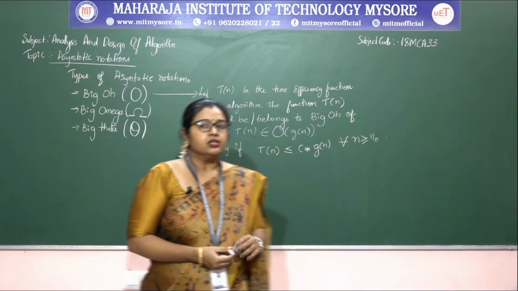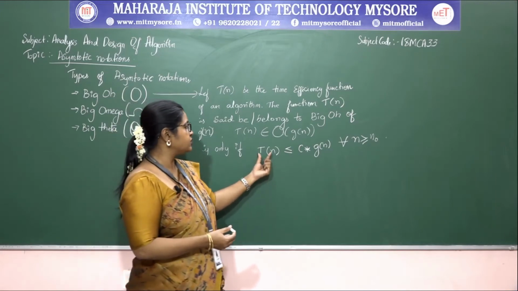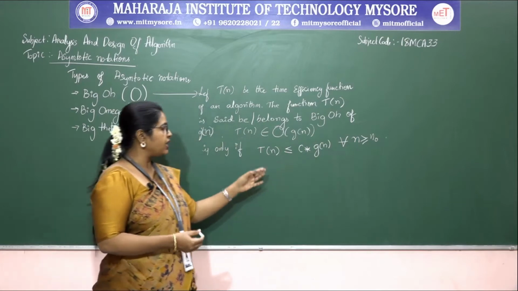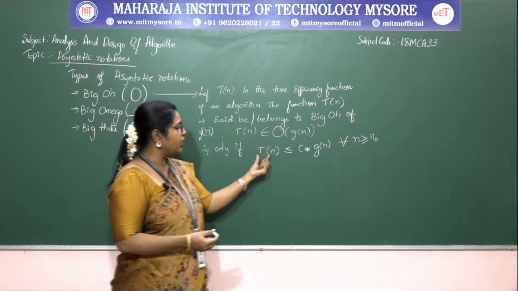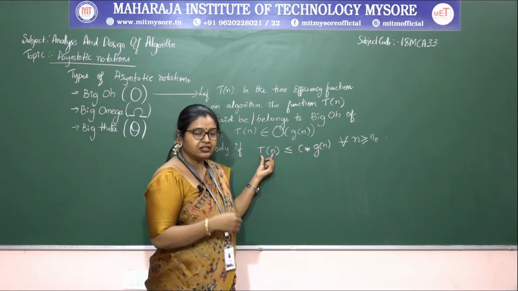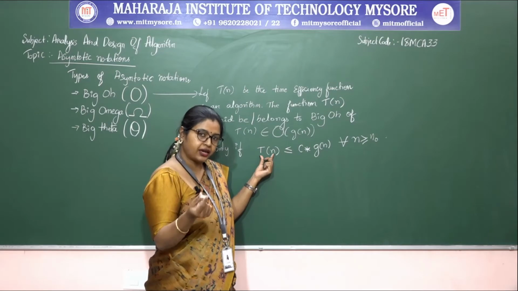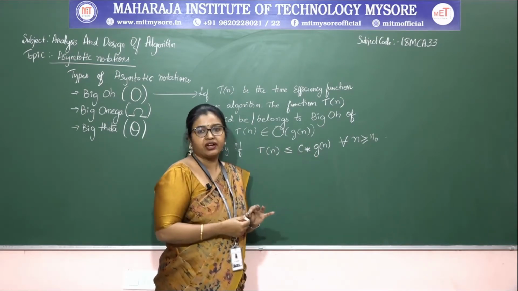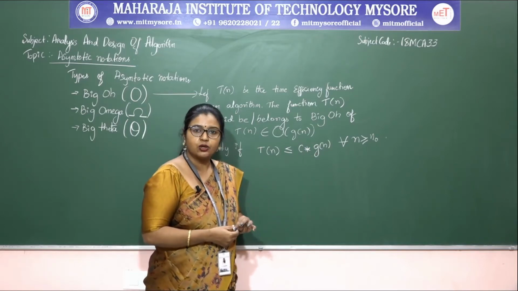Now, if we draw the graph of T of n and g of n versus your input n, before drawing the graph, let me tell what all the things are. Your T of n is nothing but the time efficiency function whatever you are going to get. And c into g of n is nothing but the number of times your basic operation is executed.